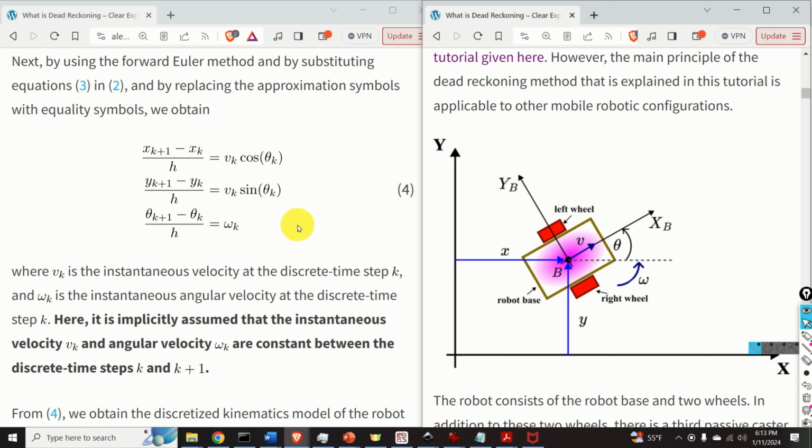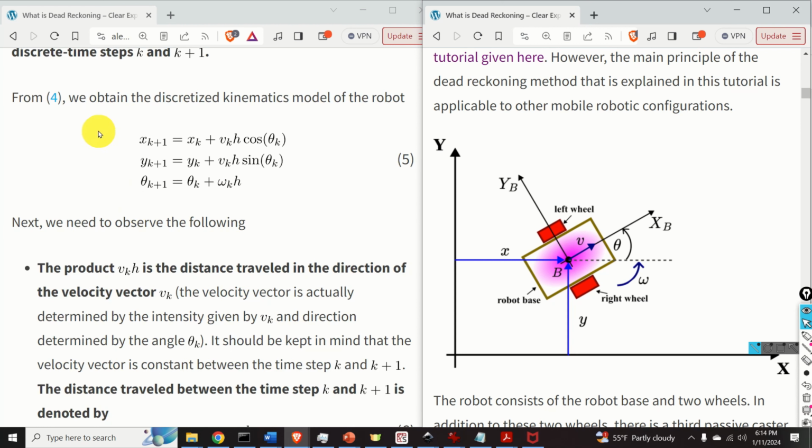Here, it is implicitly assumed that the instantaneous velocity Vk and the angular velocity omega k are constant between the discrete time steps k and k plus 1. From the last equation, we obtain the discretized kinematics model of the robot, and here it is.